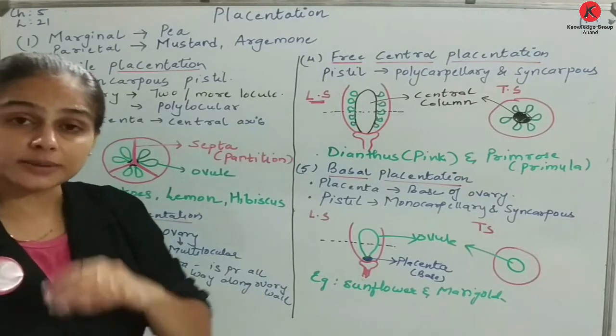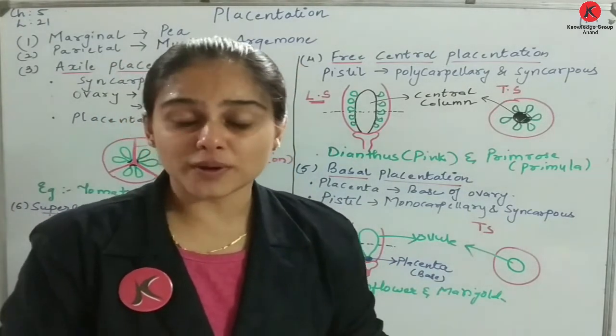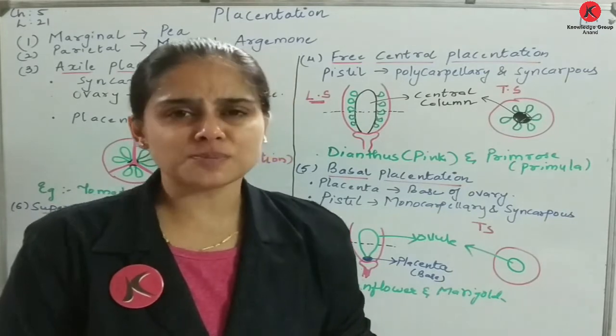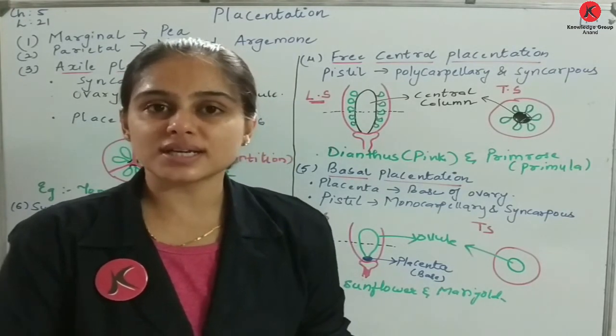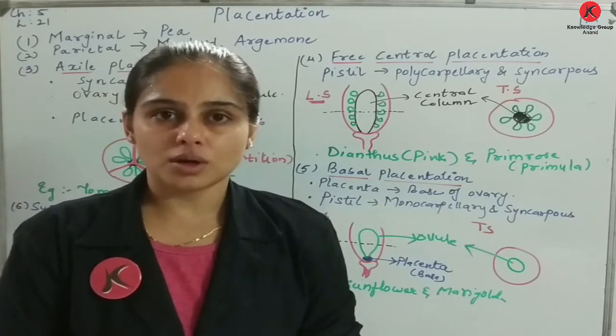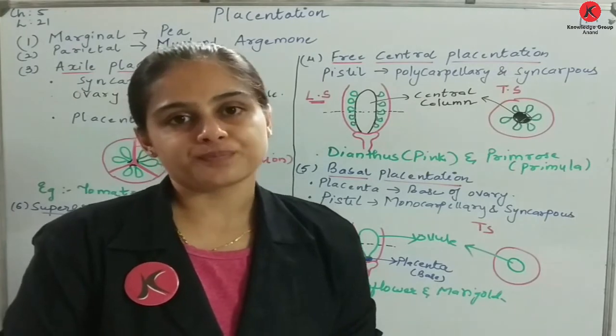If someone asks you about a cucumber, what is the placentation of cucumber, what will be your answer? In cucumber you can see seeds along the central axis, yes or no? So it will be axial, right? Is it so? Wrong.